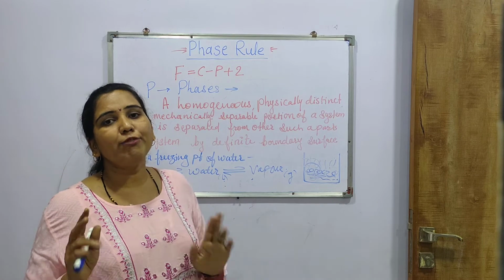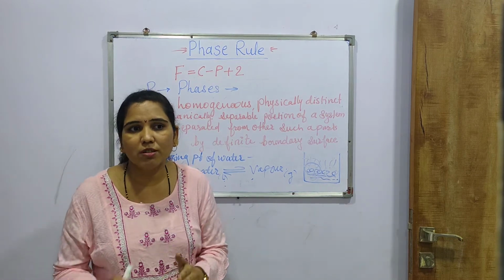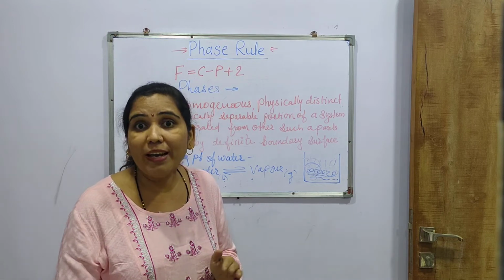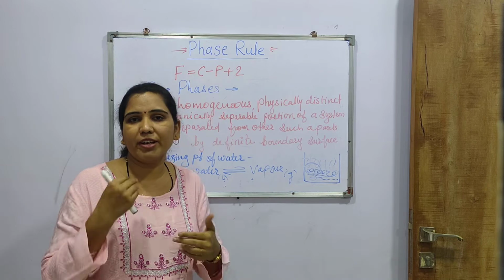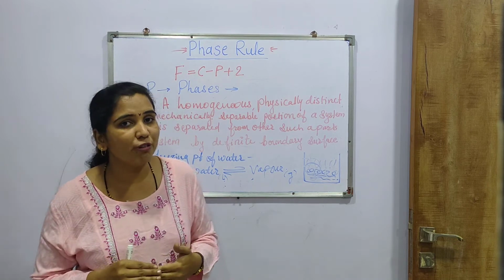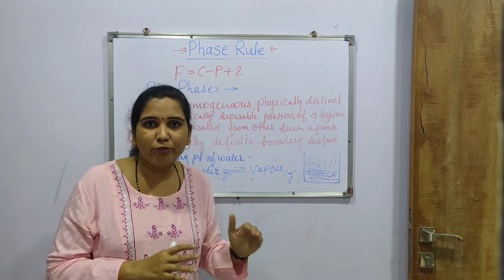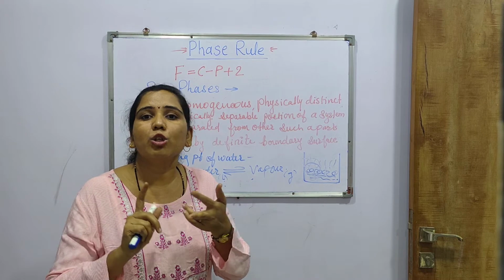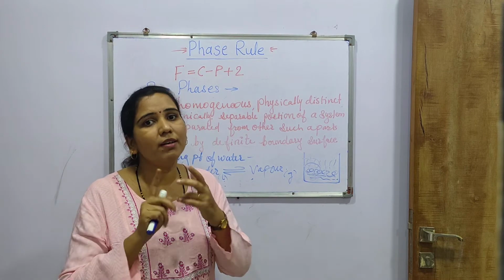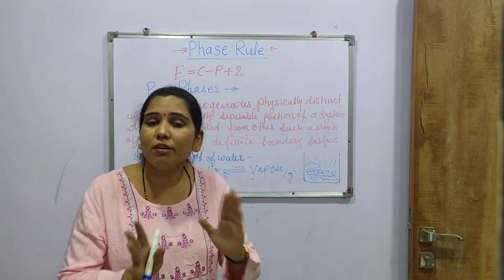On the other hand, if two immiscible liquids are there, like benzene and water, or oil and water, when these two liquids are in a single jar we can see two different layers. They are physically distinct, so they have two different phases. When miscible liquids are there, it is a single phase. When immiscible liquids are there, there are different phases. When a number of gases are there, they have a single phase.